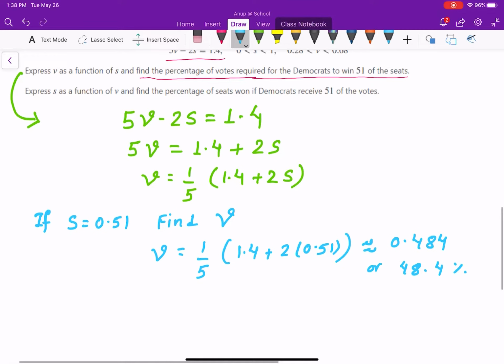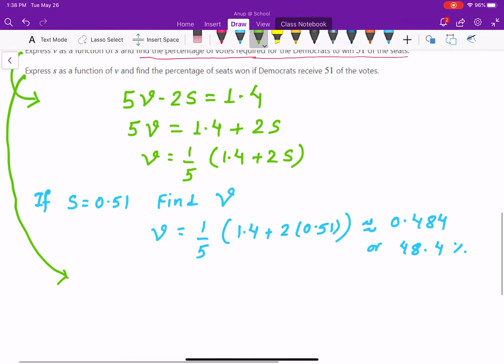In a similar way we can solve the second problem given here. Our goal is to express S as a function of V. How can we do that? Well, we are given 5V minus 2S is equal to 1.4.